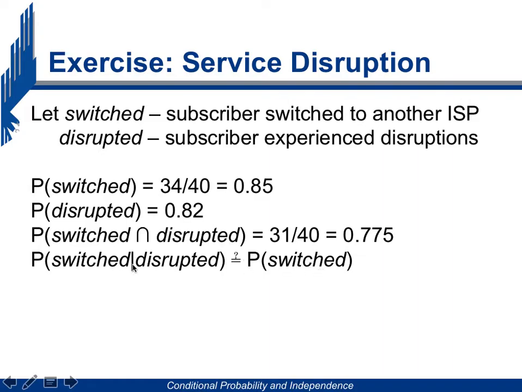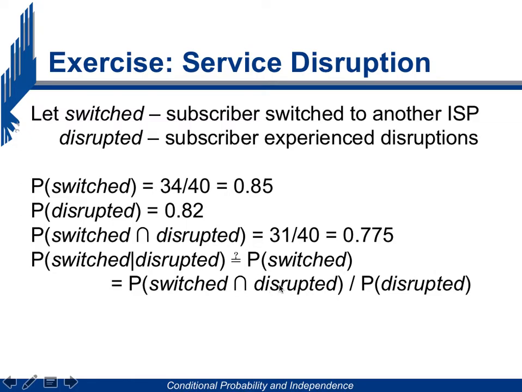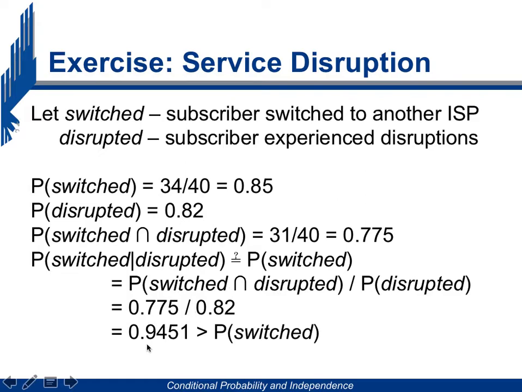So compute for this probability using the same formula, that's the intersection of the two over P of disrupted. So that's 31 over 40 over 0.82, and that will give us a probability of 0.9451, which is greater than P of switched, which is 85%. And from here, we can already say that the two events are not independent.